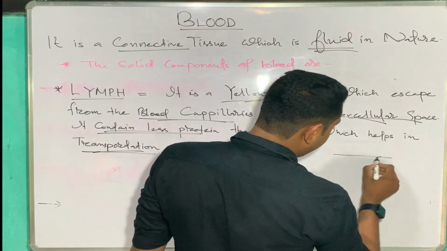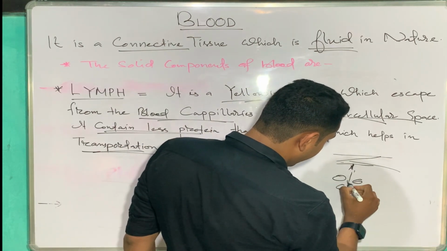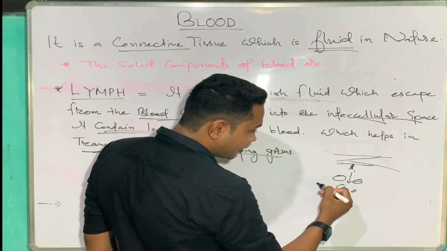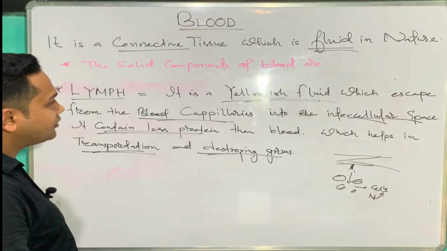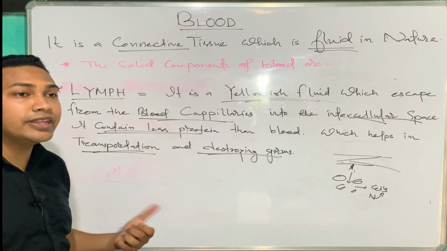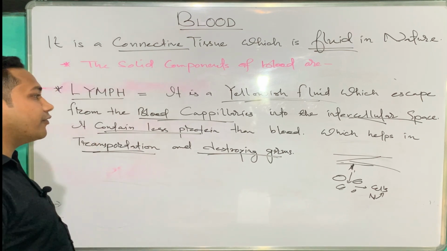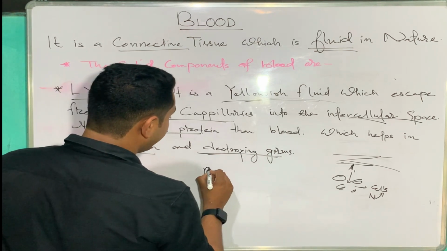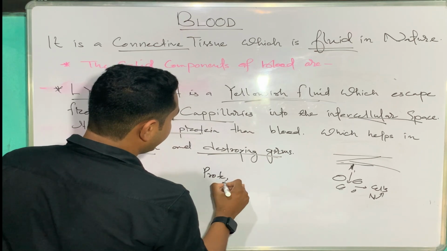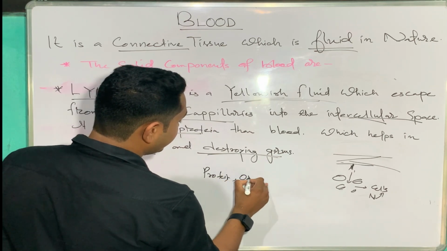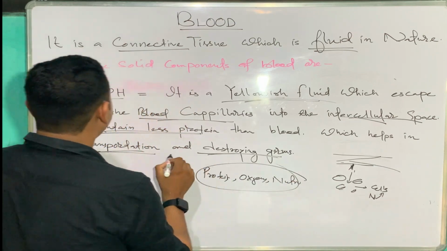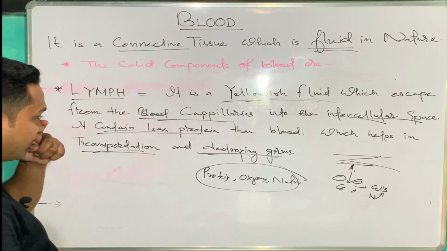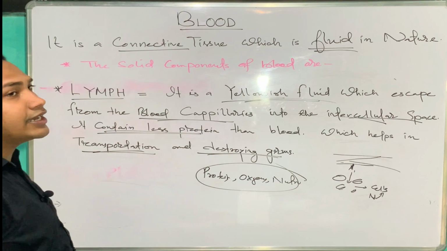From the blood capillaries it ships down in between the cells, so that it helps in transportation and in nourishment of the cells. And do you know what lymph is made up of? Lymph is made up of protein, and oxygen and other nutrients also exist in it.